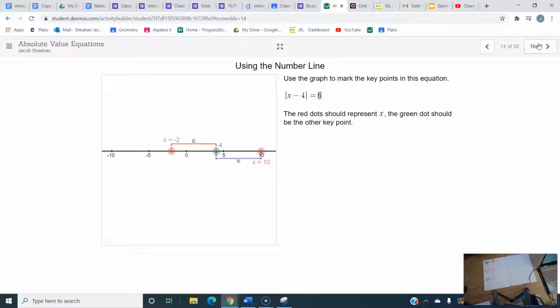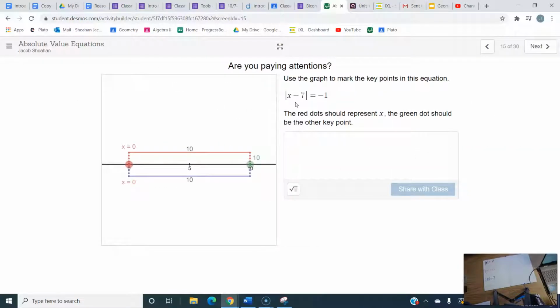So when you get to problems that look like this, where everything in the absolute value bar equals a negative number, that is not possible. There's no reason for me to even mess with this thing. I can put it at 7, but I'll never be able to get that number at the top to be a negative 1. And that's because we never report distance as a negative number.